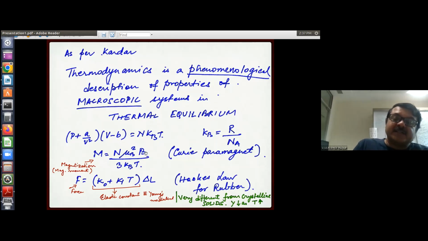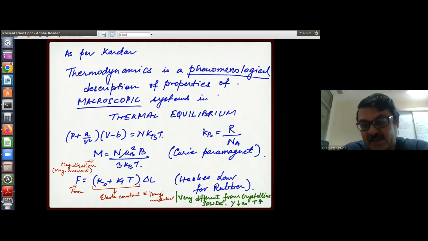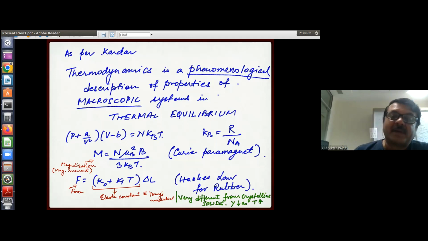It's not a ferromagnet, which shows spontaneous magnetization, like iron, even if it's kept at room temperature. But in a paramagnet, there are constituents which have magnetic moments, and they align themselves when you apply a magnetic field.